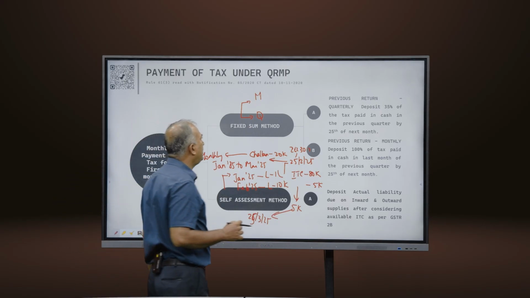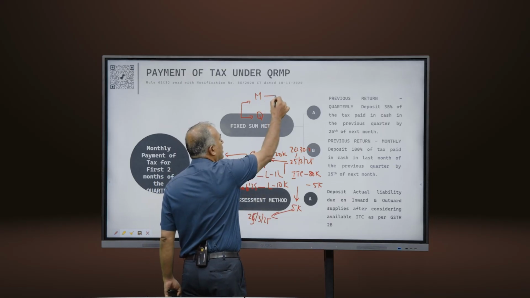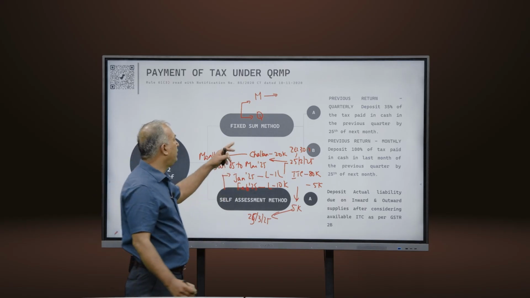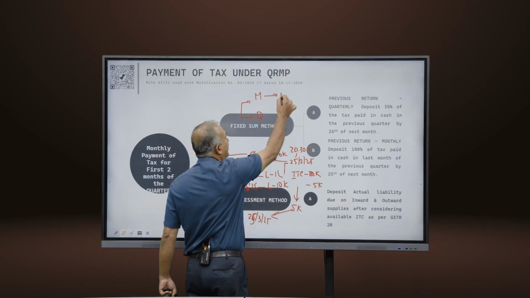Now, if it is a monthly GSTR 1, in this particular example it will be December 2024.